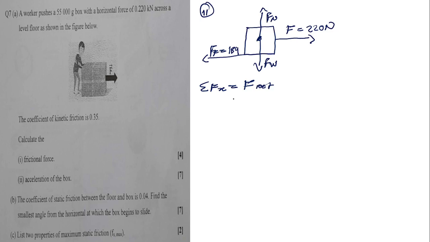Then we know that force is equal to mass times acceleration, since there is acceleration. So from there, mass times acceleration should be equal to the summation of forces in the x-axis.